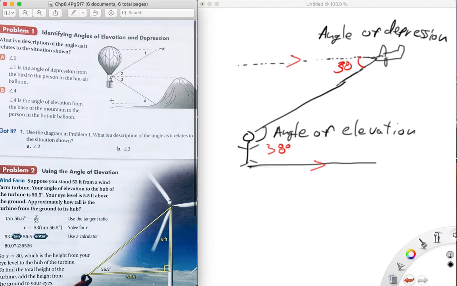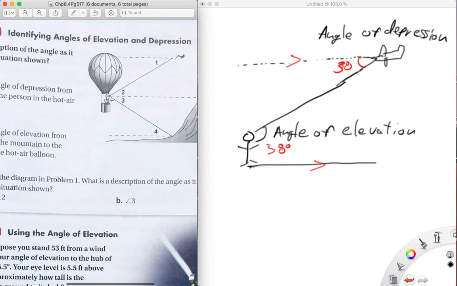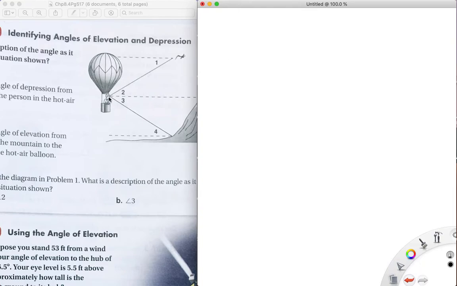So we have this diagram right here of a person on a balloon looking up at stuff and looking down at stuff. Again, here's this person's horizontal line of sight. Here's this person at the ground.